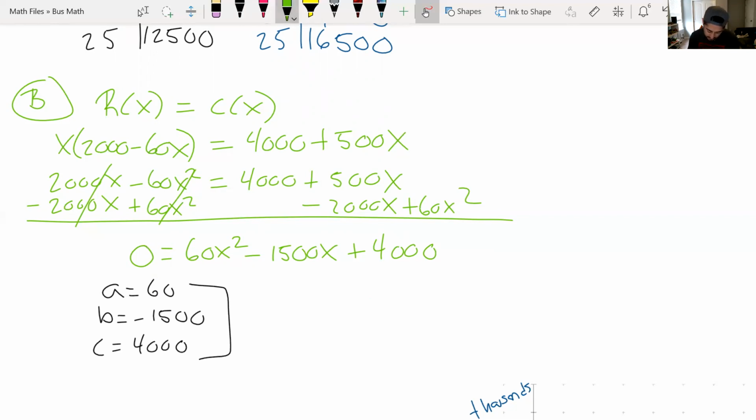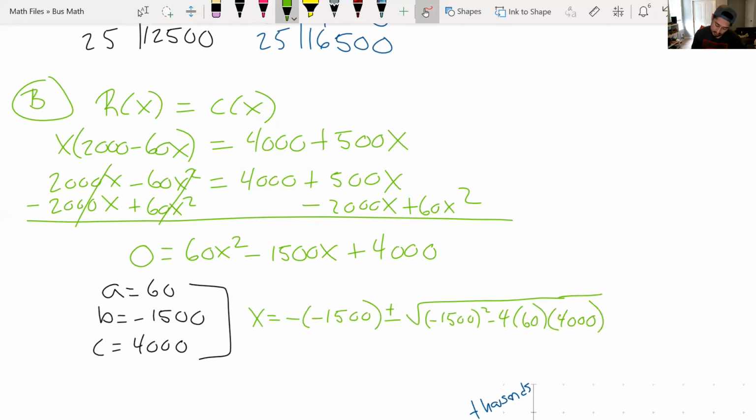and you'll get x equals negative times negative 1,500 plus or minus the square root of negative 1,500 squared minus 4 times 60 times 4,000 all over 2 times 60.